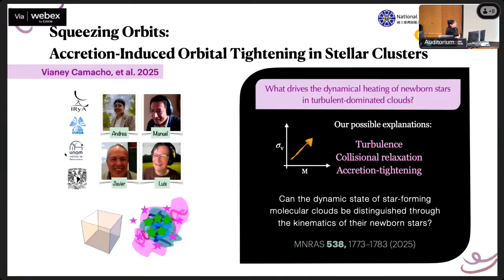The idea in this work is to study why massive stars in young stellar clusters exhibit an increase in velocity dispersion when separated by mass, and to study if that characteristic can give us some insights about the dynamic state of the clouds where these stars were formed.